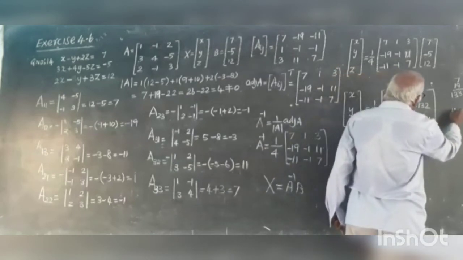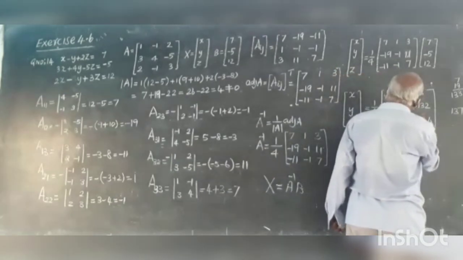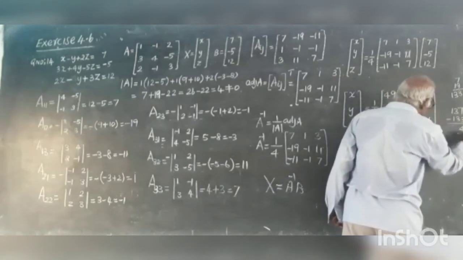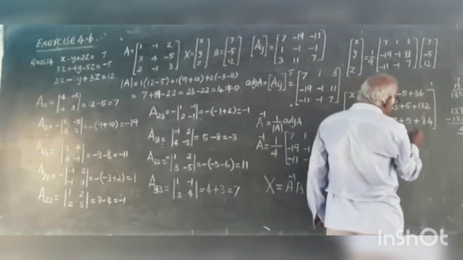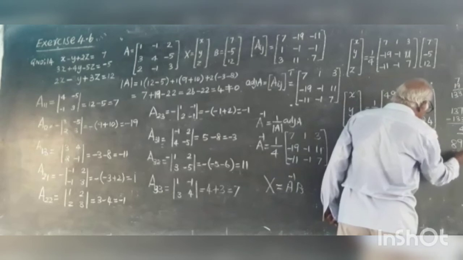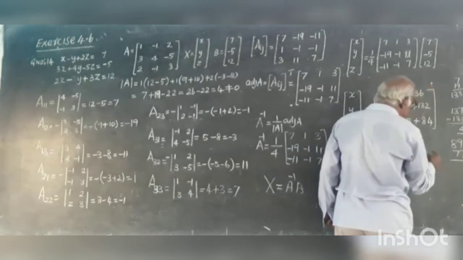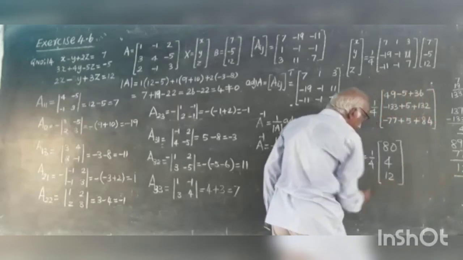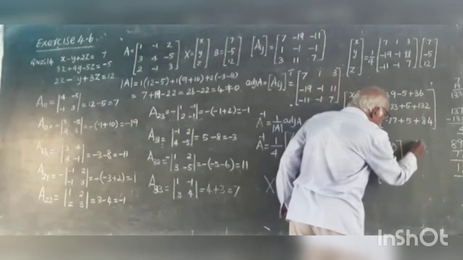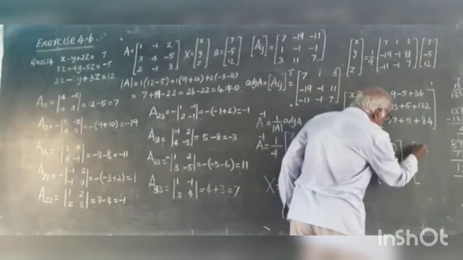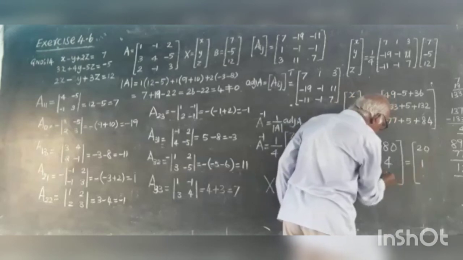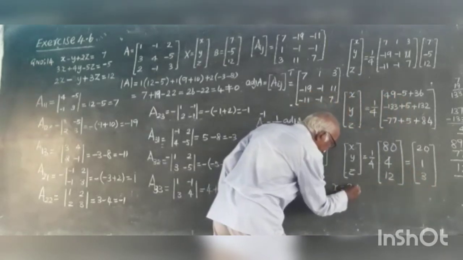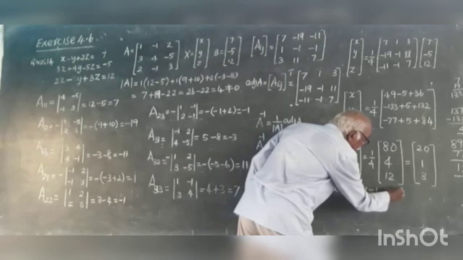Then minus 133 plus 137, 4; then minus 77, plus 12. If you divide 80 by 4, 20; 4 by 4, 1; 12 by 4, 3. Therefore X is equal to 20, Y is equal to 1, Z is equal to 3.